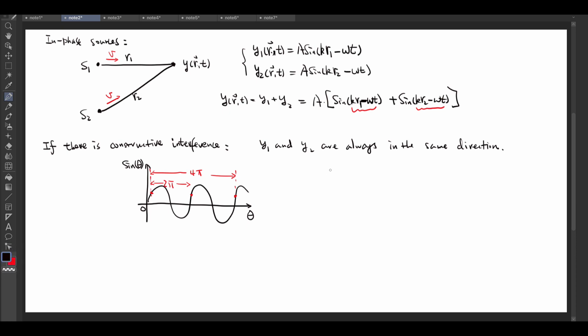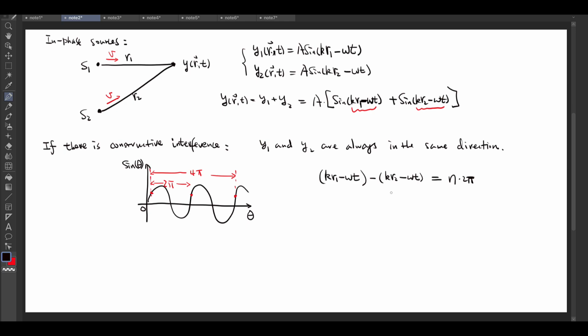So if kr1 minus kr2, this whole argument here, is an integer number times 2 pi, then y1 and y2 always have the same sign and same value. They always add up.